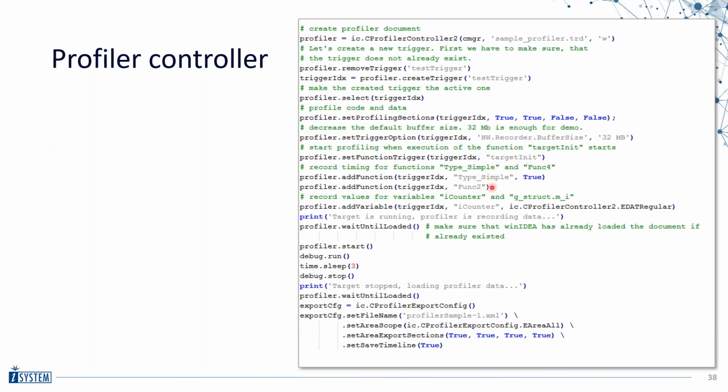Then we'll measure these two functions, what is the timing of the execution, and we can also measure a variable. This is the configuration of the measurement. Then we'll run and stop the execution and the profiling. At the end, we'll store the data into the XML file. This is this part of code.